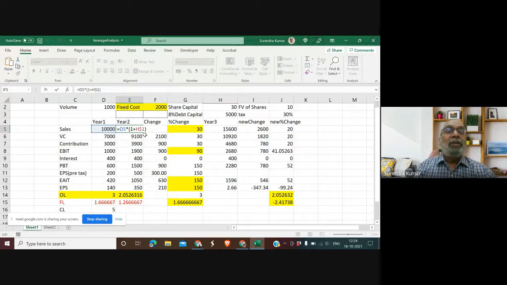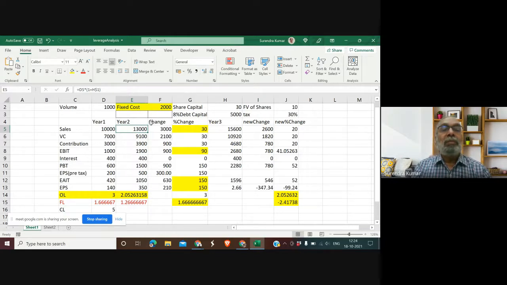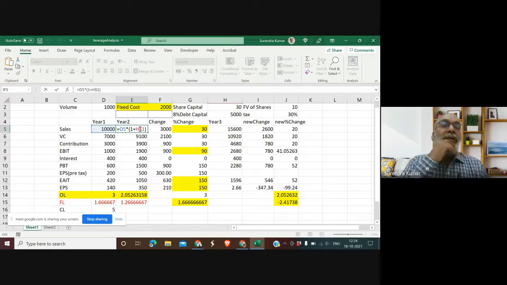Yes, this I have written as H1, I'm taking D5 into 1 plus the increase.